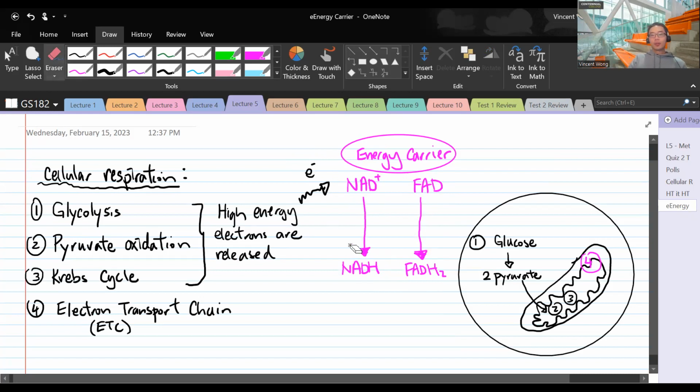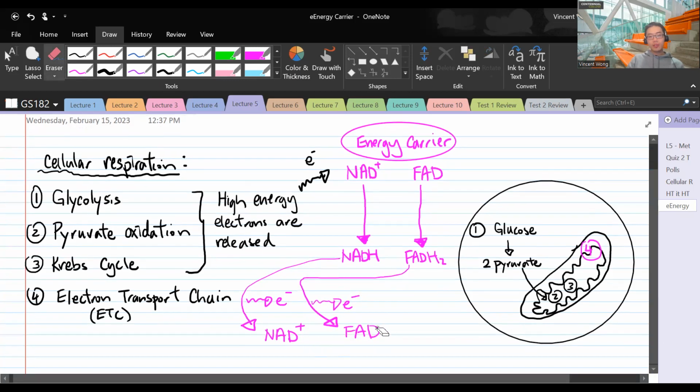Okay. So that's the occupied version, and this is like the empty. When they're empty, they can pick up electrons, and then they become full. And then what happens is these NADH and FADH2 will travel to the electron transport chain, and they will let the electrons come off, and that will cause them to become NAD+ again. Similarly, this FADH2 is going to go to the ETC, let the electrons get off, and it will become FAD again, right?